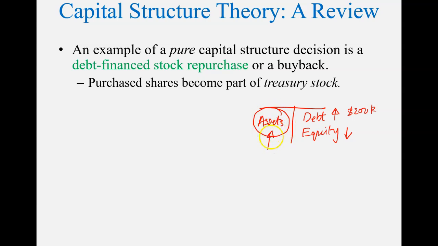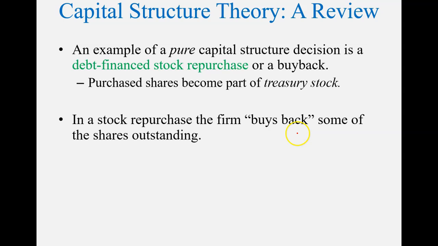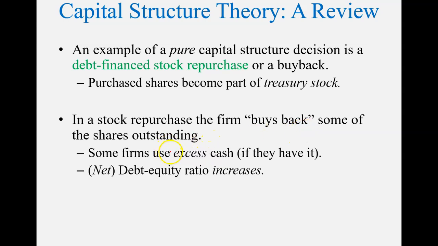So we want to consider this sort of situation, which is a pure capital structure decision where nothing is happening to the assets and all that we're really changing is the right-hand side of the balance sheet. So in a stock repurchase, the firm is buying back some of the shares outstanding. Now, some of you may be saying, wait, do I need to raise debt or borrow money to buy back the equity?